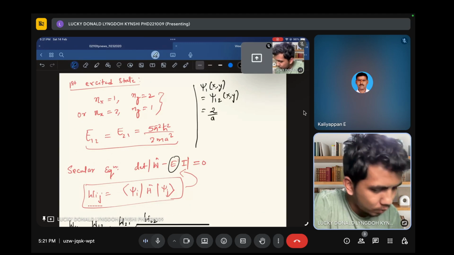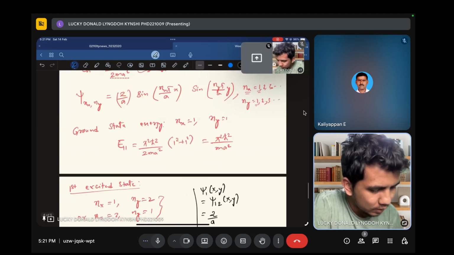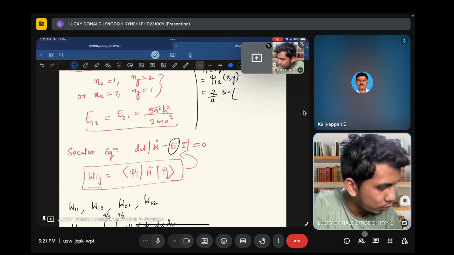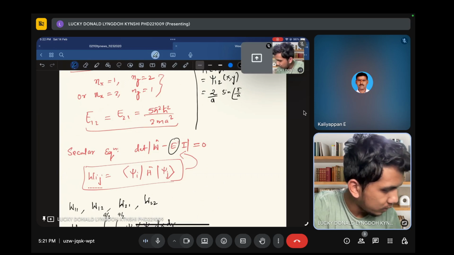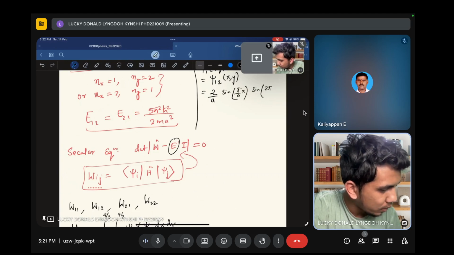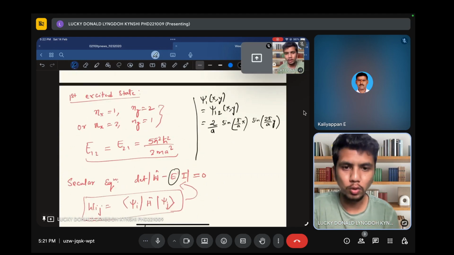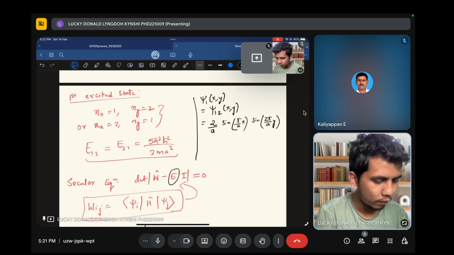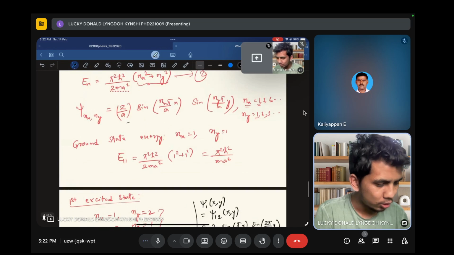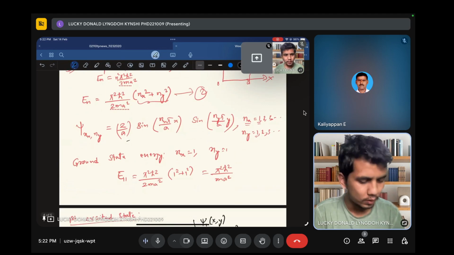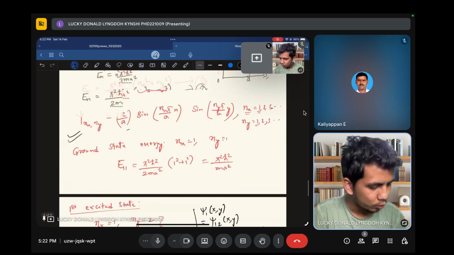Same thing: 2 by a, because it will be multiplied just like in the first case, times sine of nx pi x by a, where nx is 1, and sine of 2 pi y by a, because nx is equal to 1 and ny is equal to 2. So you can write again the wave function for this first excited state, just like we wrote the wave function for the ground state in this way. Here also we do the same thing.